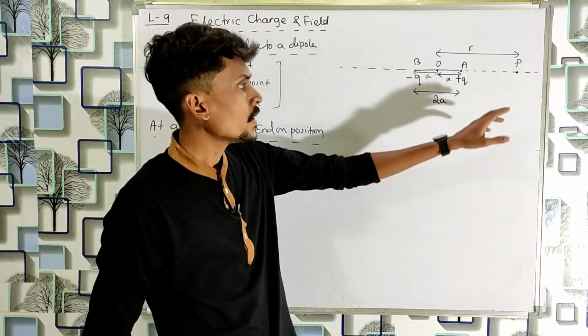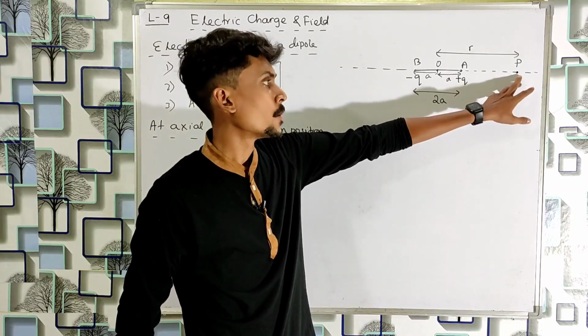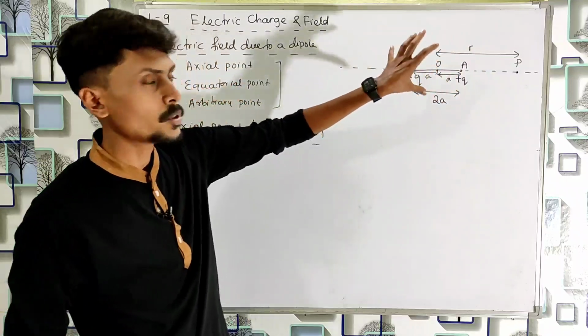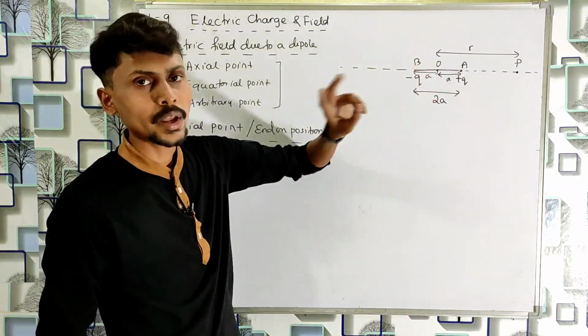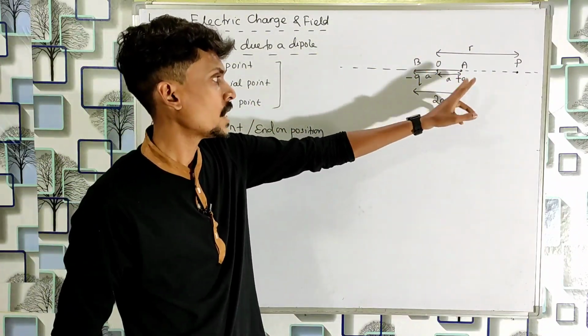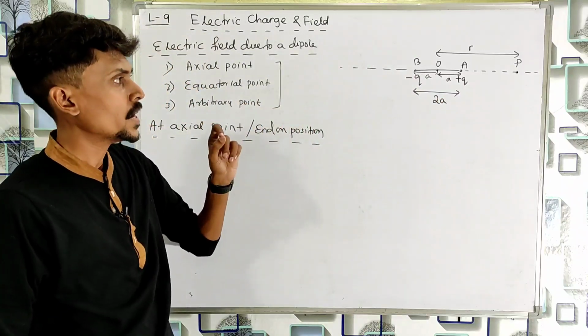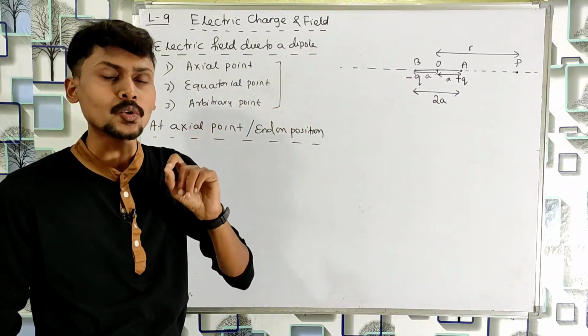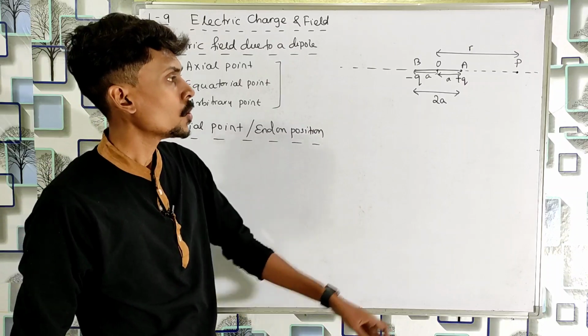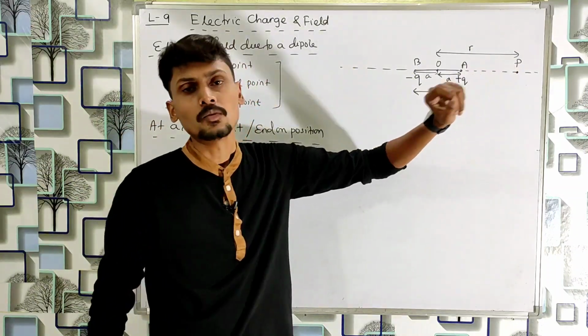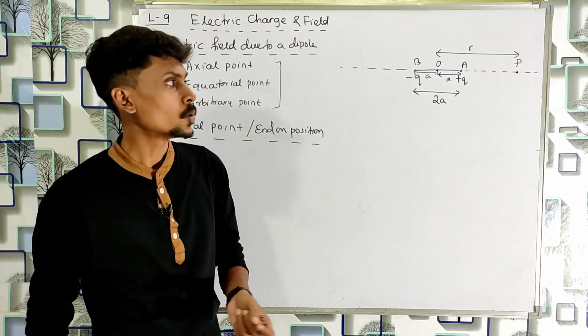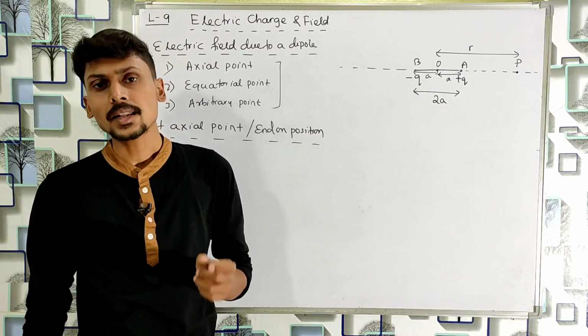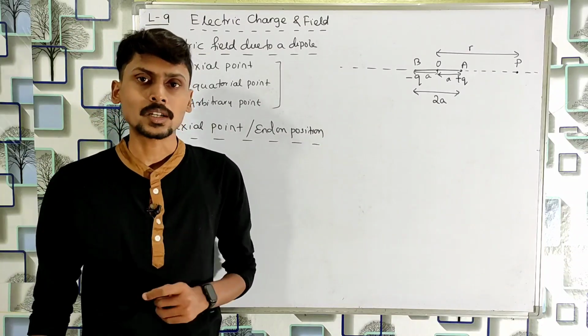So in order to find the electric field at this point P, you have to look at the dipole system. In the dipole we have two charges, a positive charge and a negative charge, and every charge produces its own electric field. So at point P we will get electric field due to the plus q charge and electric field due to the minus q charge.